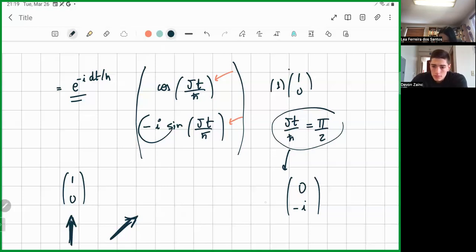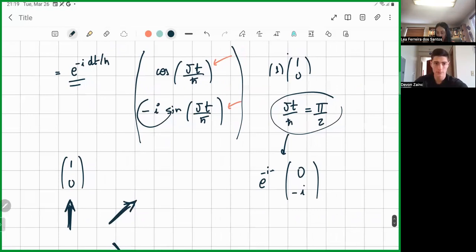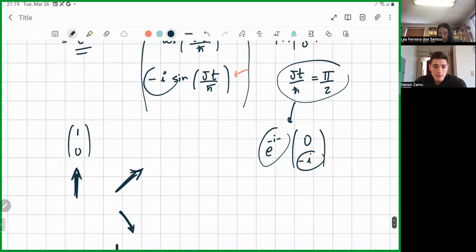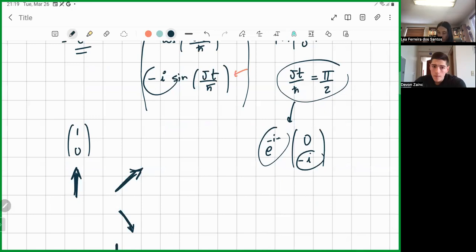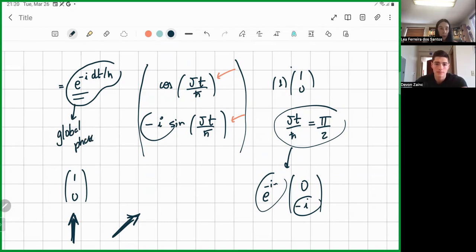At a later time, there is an exponential that I should put here. But what do we care about? It is probability, the absolute value squared of this. When I do absolute value squared, this minus i will become 1. This will become 1. So the probability doesn't have these i's, they all disappear. This kind of thing is what we call a global phase, something that doesn't carry information. It's not important because we care about probability.